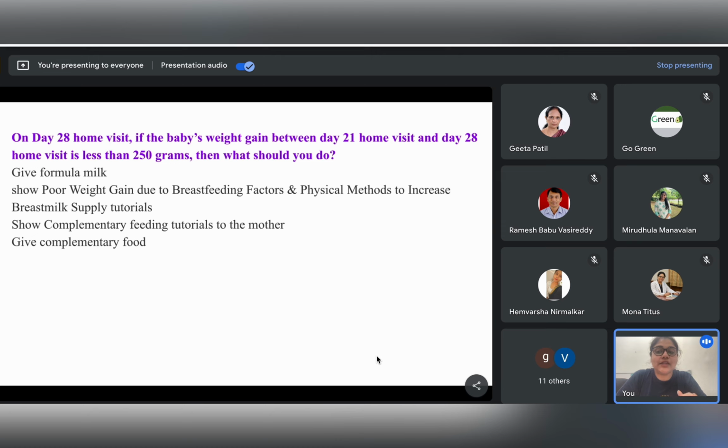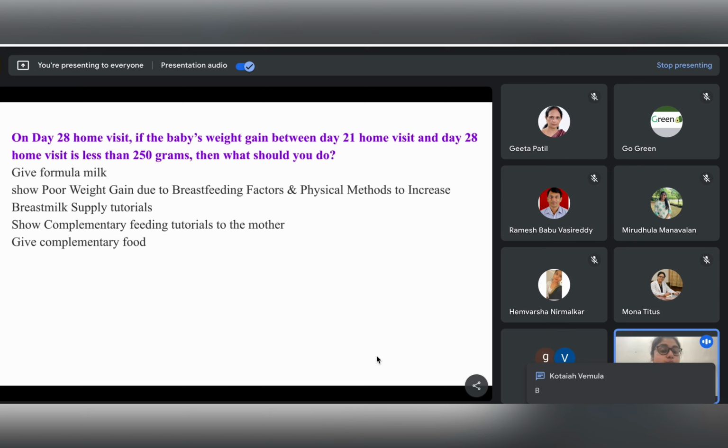Option C, show complementary feeding tutorials to the mother. Complementary feeding starts from the completion of 6 months of age, and ideally at 3.5 months the complementary feeding tutorials should be started to be shown to the mother, so that the mother can get more acclimatized to what kind of nutritional requirements the child has and what kind of food can be given to the child, right? Next, give complementary food.